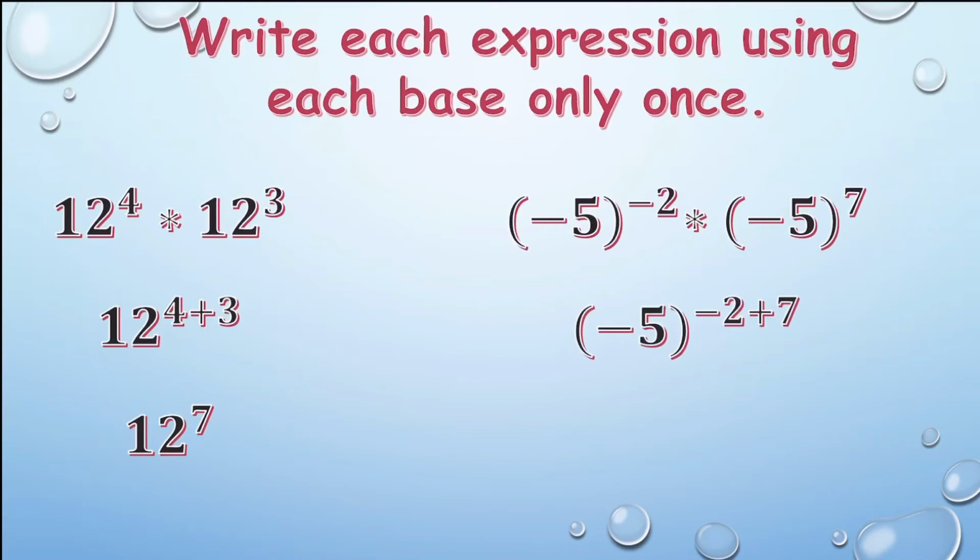Add your 2 exponents. So this goes back to your integer rules. There is a video as well if you need that to practice. But -2 plus 7 would give you a +5. Don't change your base. Your base has to say exactly what it was, always. Okay?